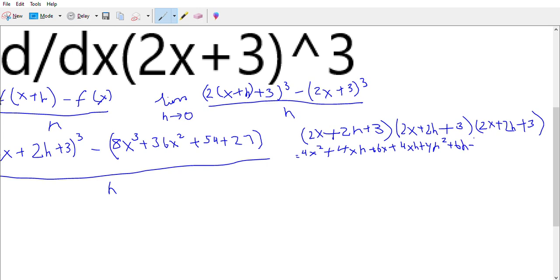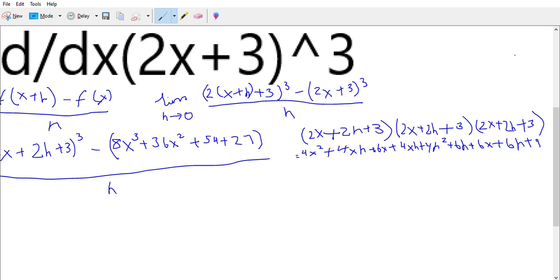And now distribute the 3 all around, so it'll be 6x, 3 times 2x, 6x, 3 times 2h, 6h, and then 3 times 3 is 9. So this is 2x plus 2h plus 3 squared distributed out.